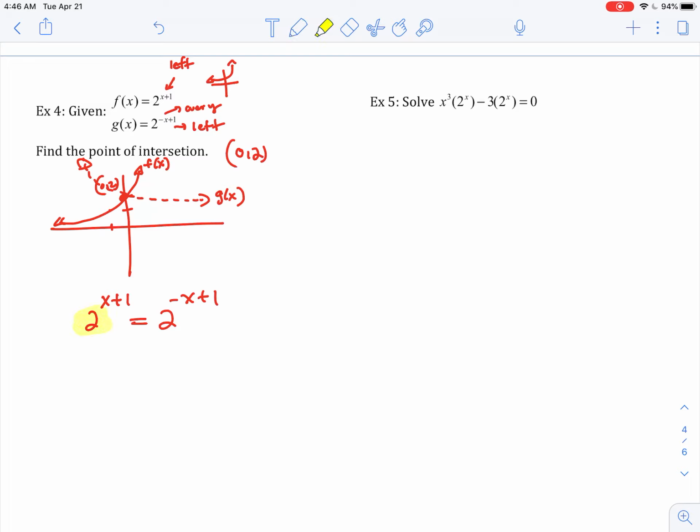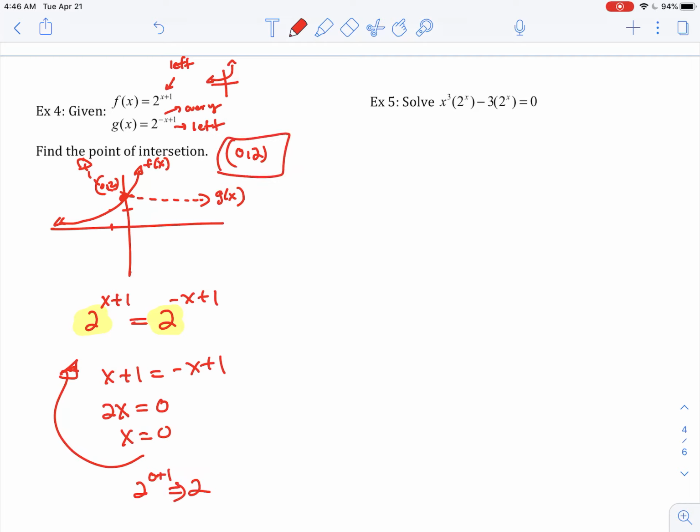Well, we know if our left side is equal to the right side and those bases are the same, then our exponents would have to equal each other, combining our like terms, bringing our x's to the left and our constants to the right. We get x equal to 0, and if I were to plug that back in, 2 to the 0 plus 1, I would get 2. And that point of intersection, as we already saw when we graphed it, was 0, 2.